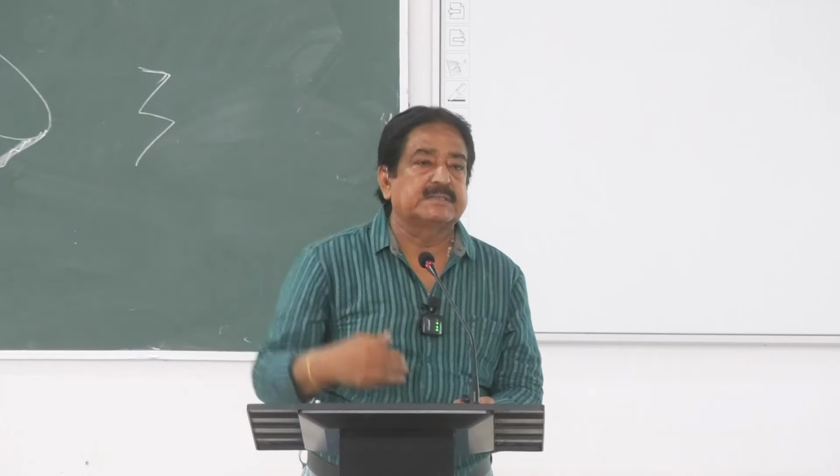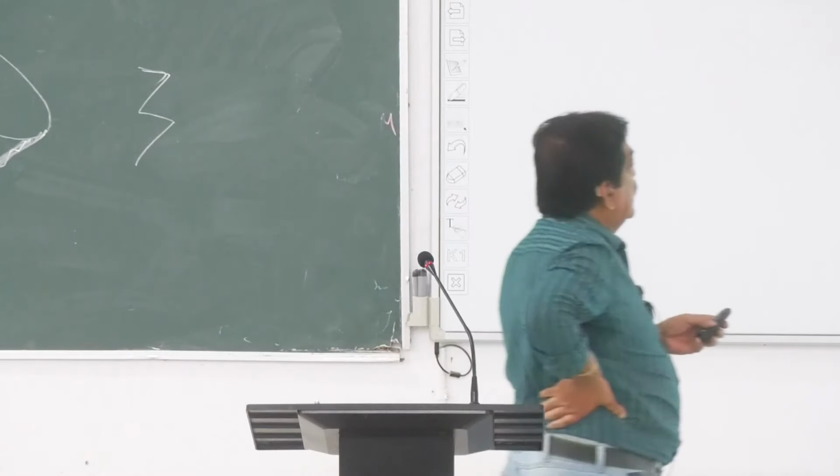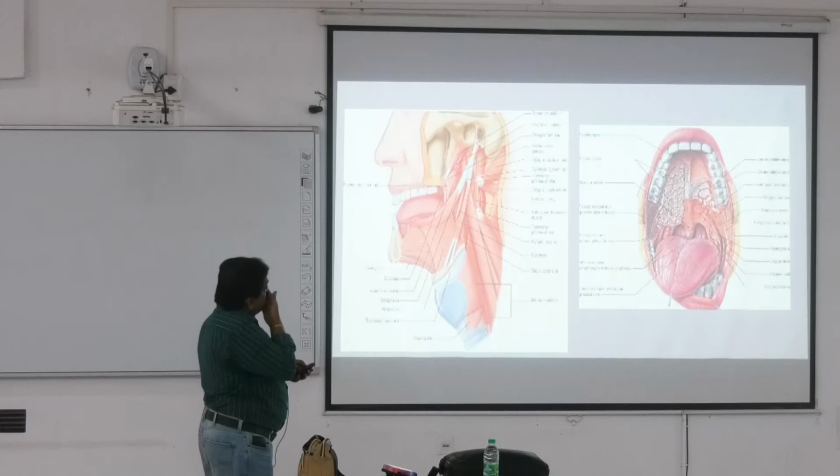Now the muscles attached. And you can see the oral cavity here. And this is the palate. This is the uvula. This is the tongue protruded. These are the teeth in the sockets of the mandible.